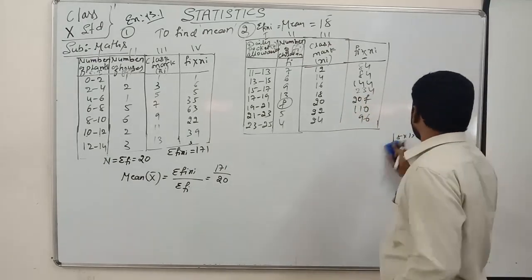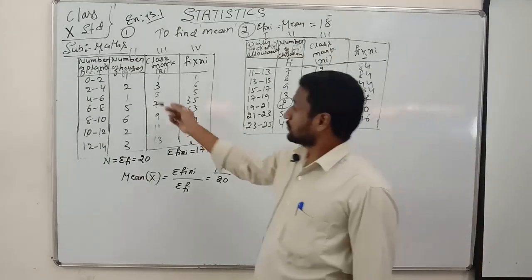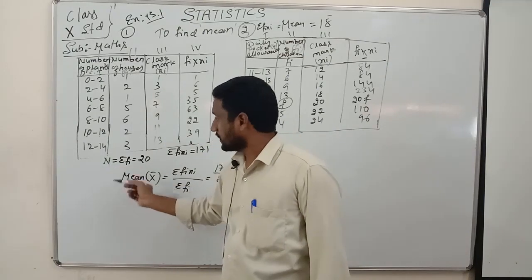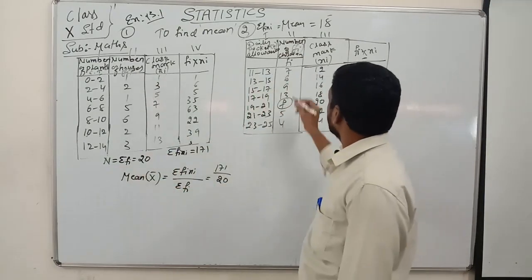So next, see here. Next step: to find the n value. How do you find this n value, or sigma fi value? By adding the fi values.